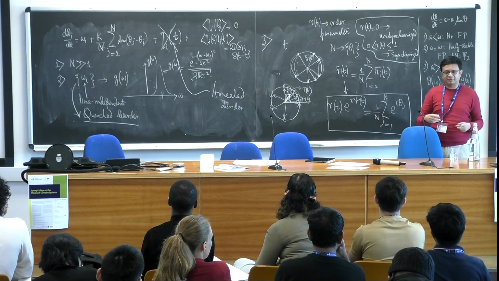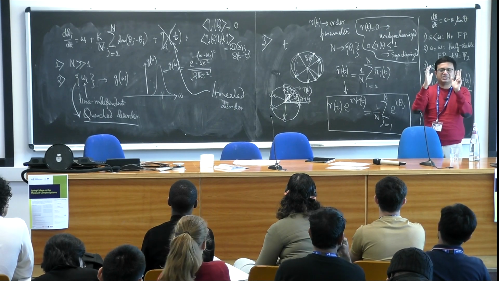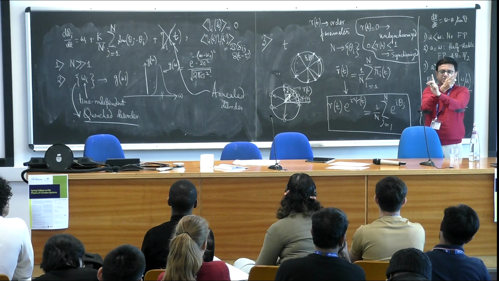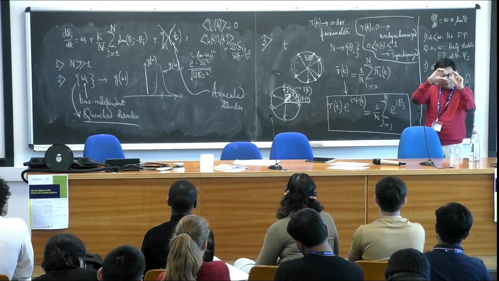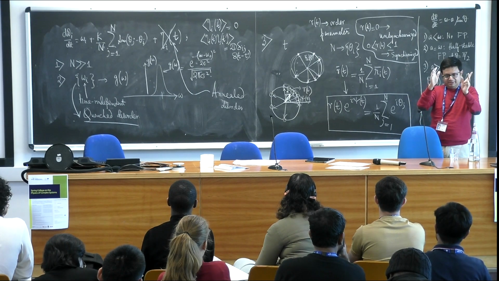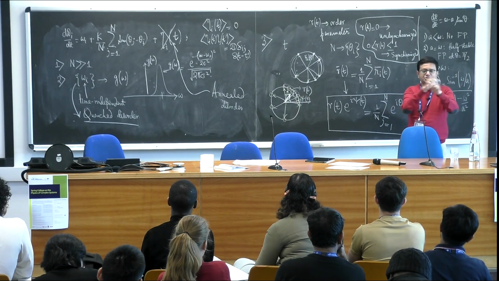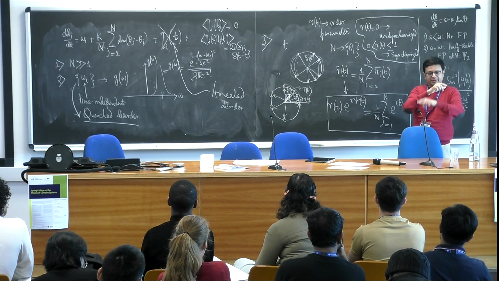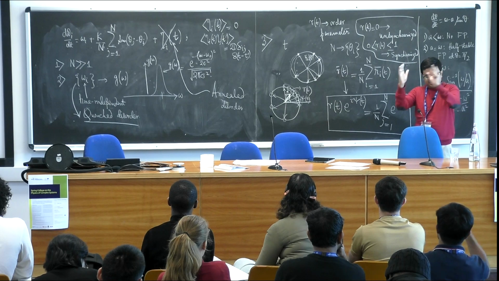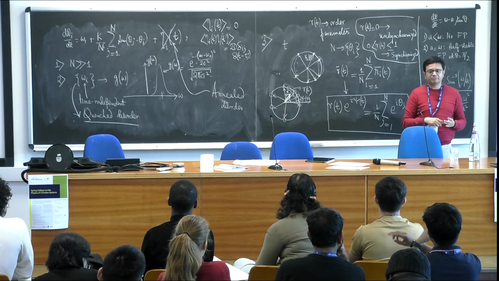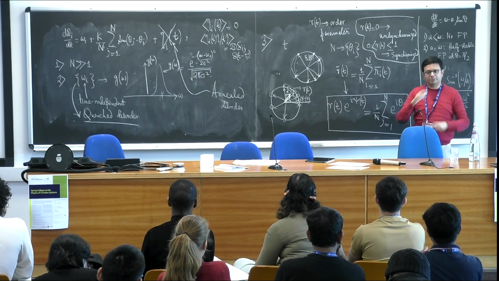It will have a non-zero value. If a macroscopic fraction are together, they go this way, but yet they remain within a cluster. Rearrangement within a cluster is okay, so long as there is a cluster that is going around. Yeah, they may just go within this one.